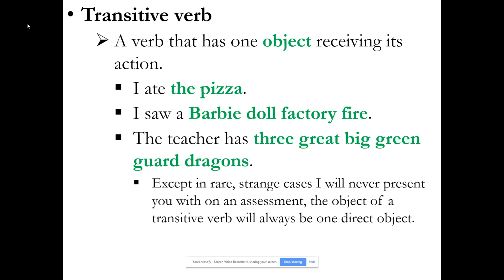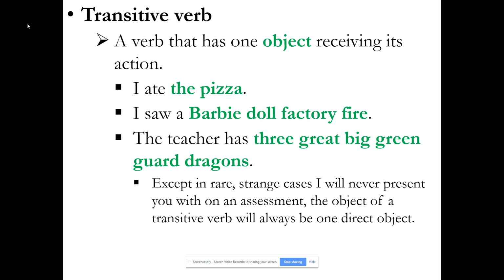Okay. Except in rare strange cases, I will never give you a case where a verb takes only an indirect object as its argument. When you have transitive verbs, they almost always take one direct object only. They don't take just one indirect object.